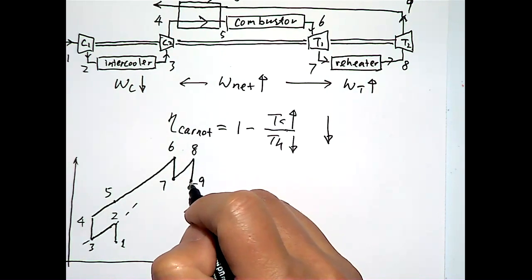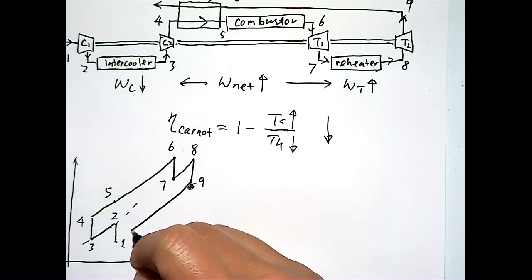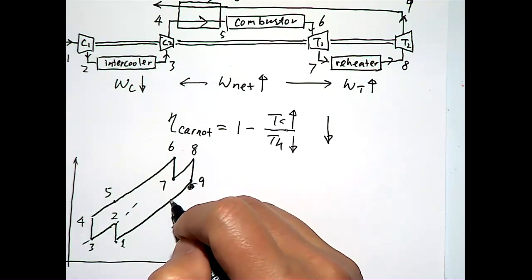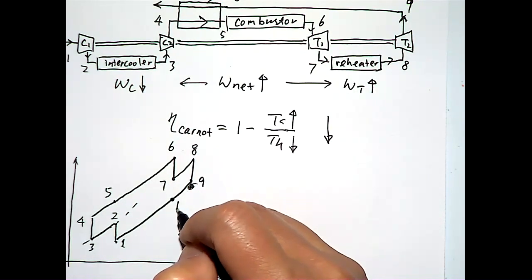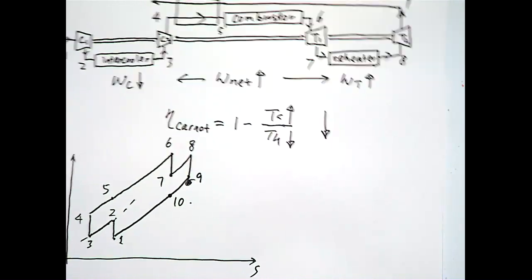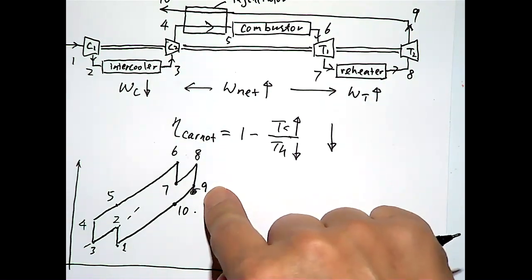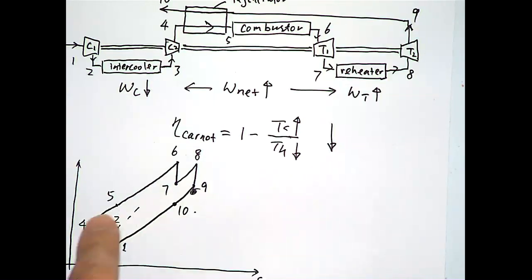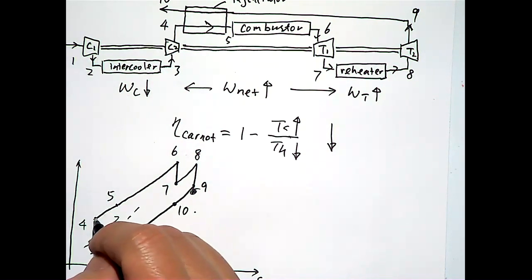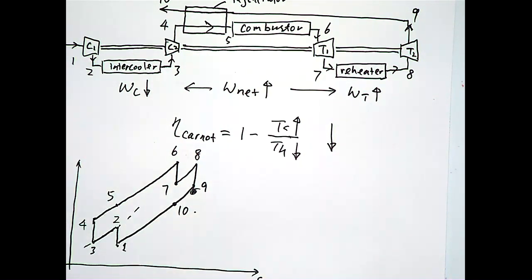And then go all the way down to state 1. And somewhere here you have state 10, which means the turbine exhaust gives some of its enthalpy to the compressed air there. All right, so this is how it looks with the additional 3 components in the system.